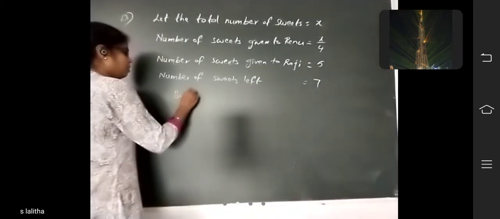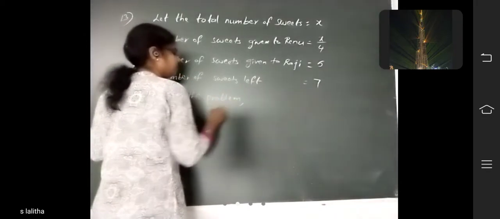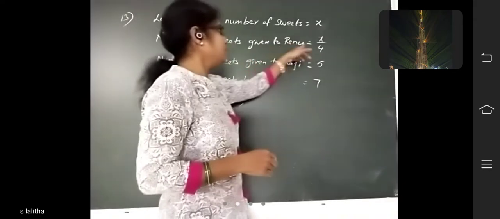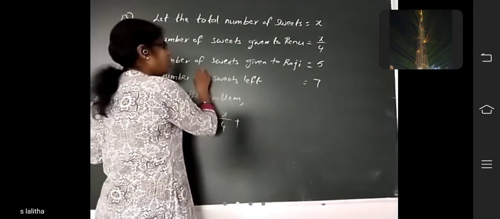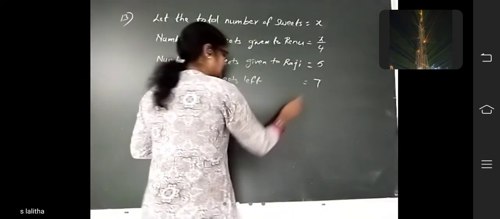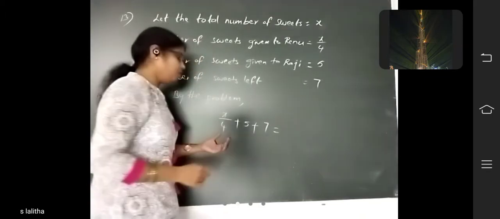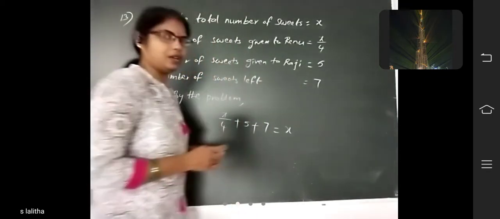So by the problem, how many sweets given to Renu? X by 4 plus how many sweets given to Razi? 5. How many sweets left? 7. If you add all of these, we will get the total number of sweets X. Okay.